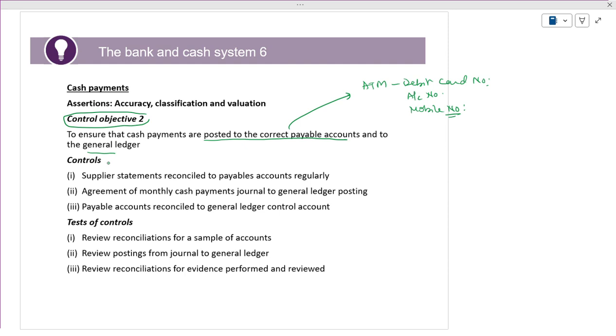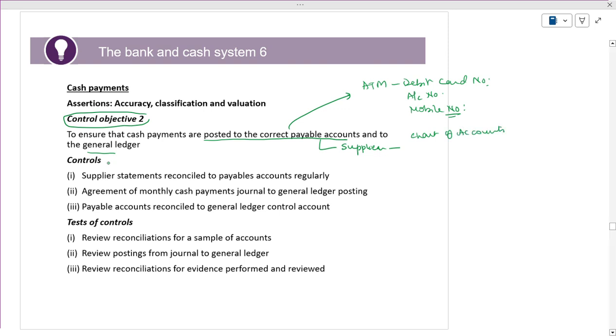When you are talking about the payables, it has to be posted in the correct account. Every supplier will have, as we have done in one of the cases, a chart of accounts.